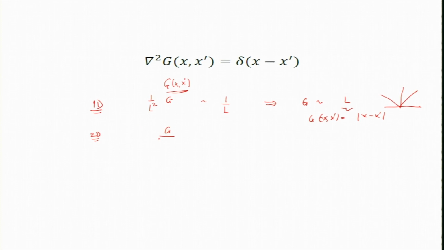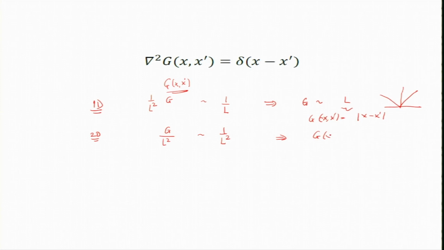In 2D what do we expect? The Laplacian is always the same, 1 over L squared, but the right hand side is delta of the vector x minus x prime, so in 2D it is 1 over L squared. So, what should be the Green's function for this? Well, we do not get a constant, it is log r, or log of the difference.